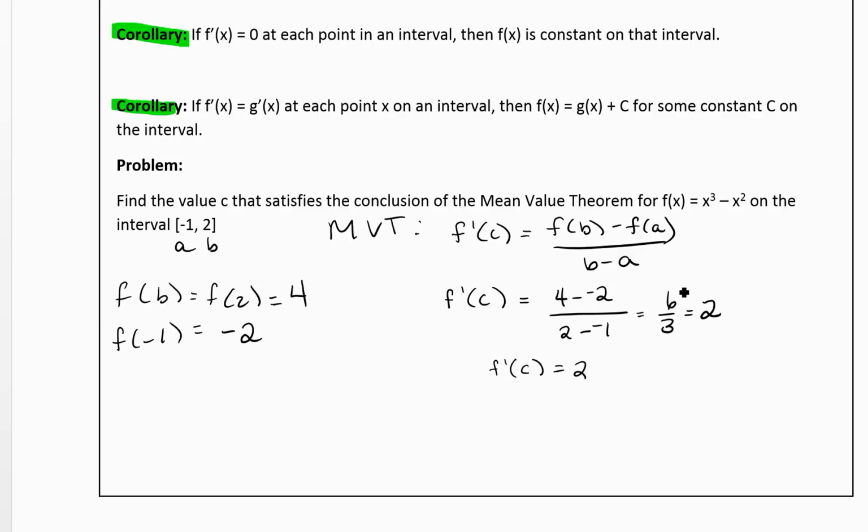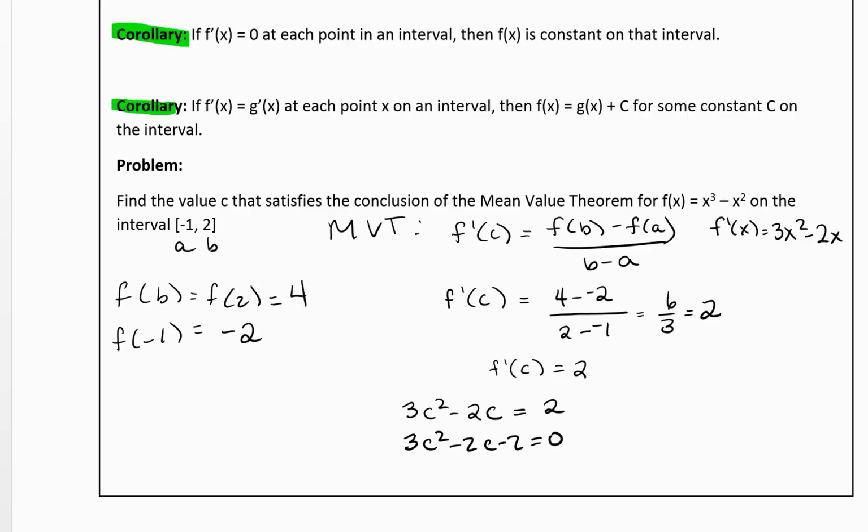Now let's actually take the derivative. f prime of x here would be 3x squared minus 2x. So f prime of c just means plug in c. We'd have 3c squared minus 2c equals 2. And we want to solve that.